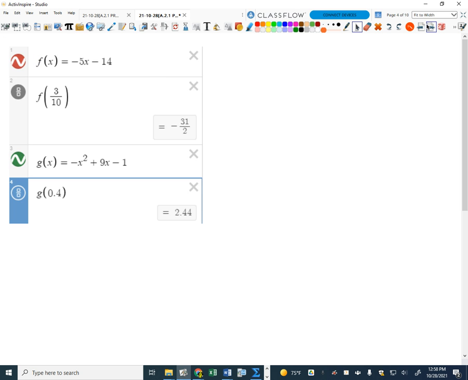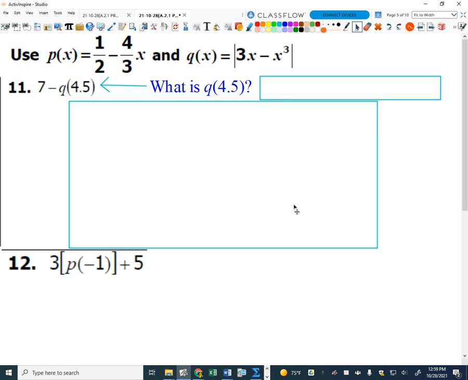So let's take a look here at, what if you do a problem like number 11? Number 11, they define P of x and Q of x, and they want us to simplify 7 minus Q of 4.5. So what is Q of 4.5? Everybody click them closed, all the way down where they're not going to distract you.